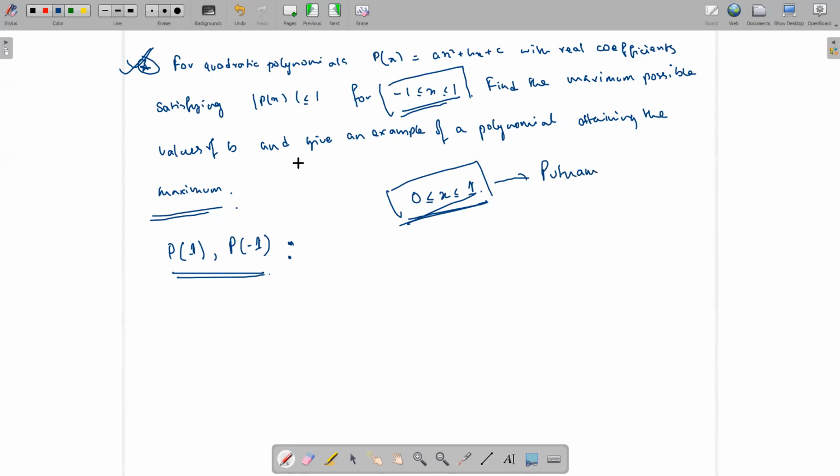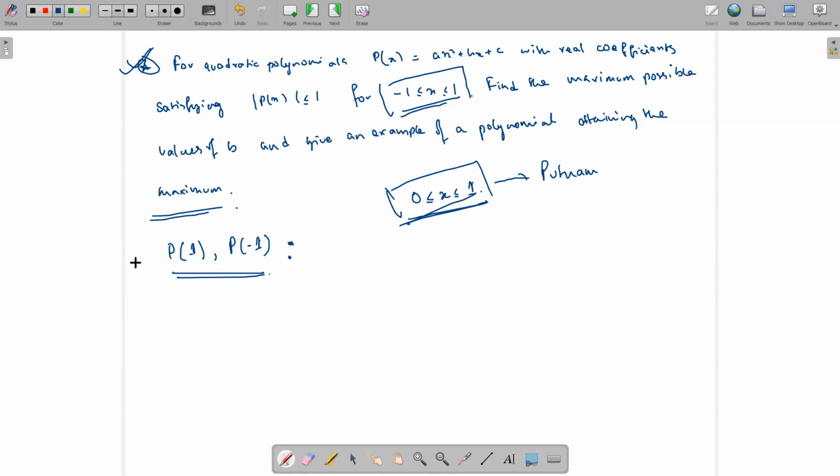If 0, x and 1, you are asking for the leading coefficient, right? Not the middle coefficient. For the middle coefficient I have not done it. This is from an older Putnam, I think the 1960s or something. But you can try. Just try for this one, and you will understand why this works.